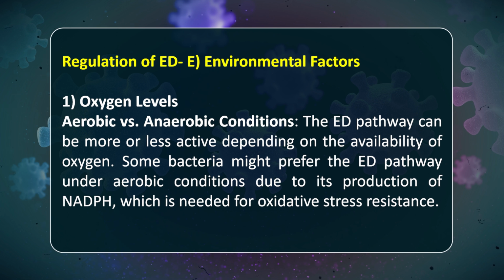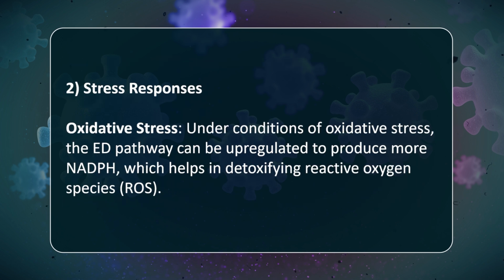Some bacteria might prefer the ED pathway under aerobic conditions due to production of NADPH, which is needed for oxidative stress resistance. Another factor is stress response, oxidative stress. Under oxidative stress, the ED pathway can be upregulated to produce more NADPH, which helps in detoxifying reactive oxygen species, ROS.